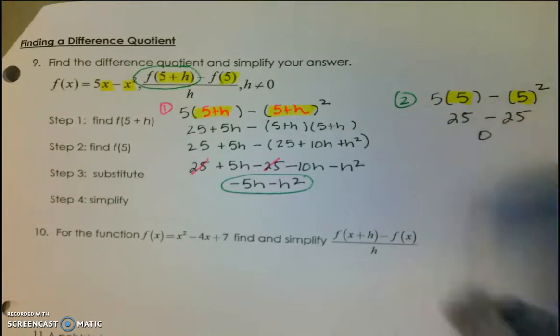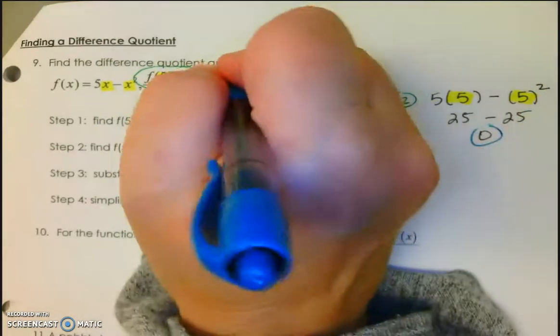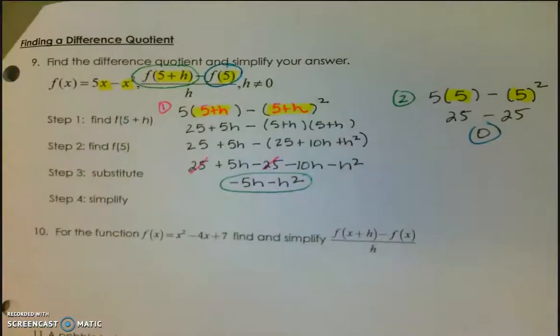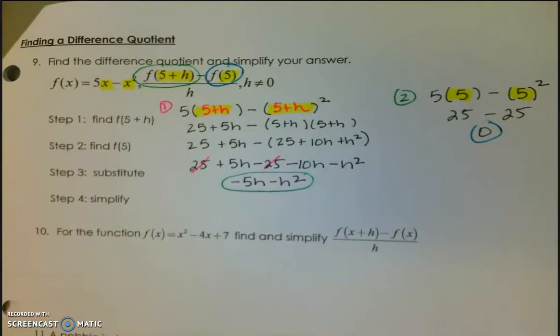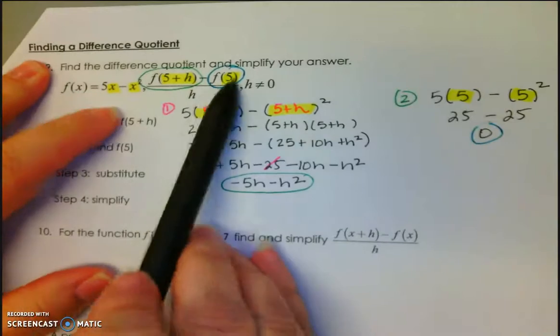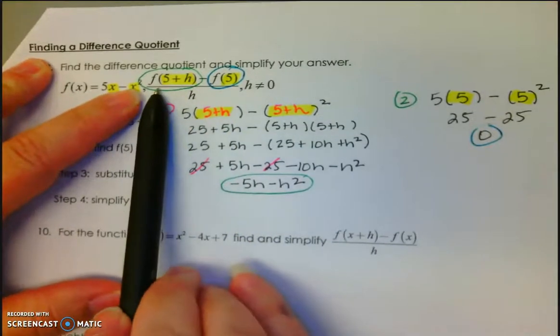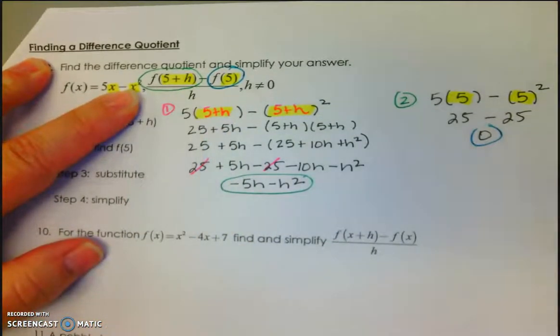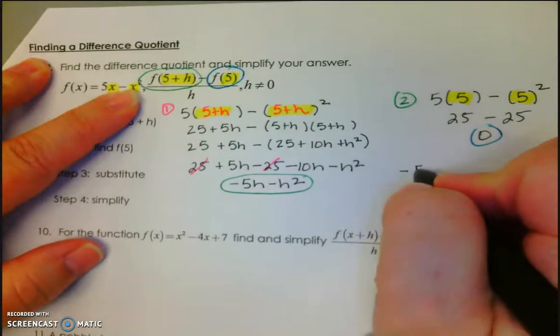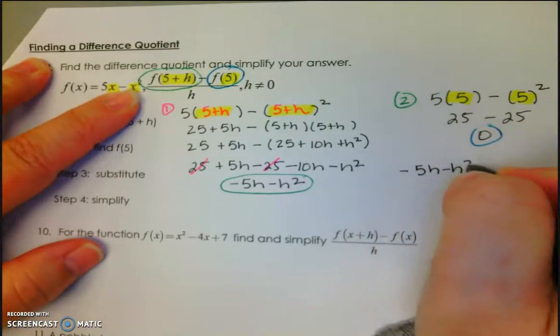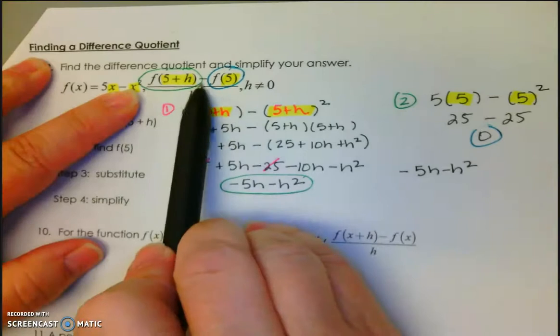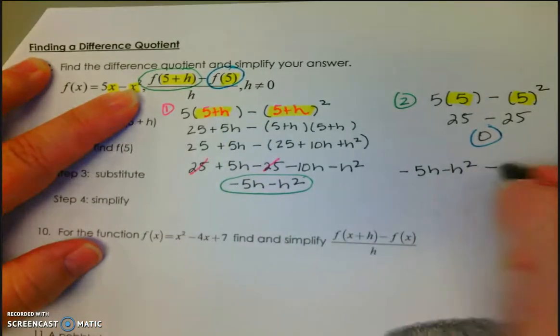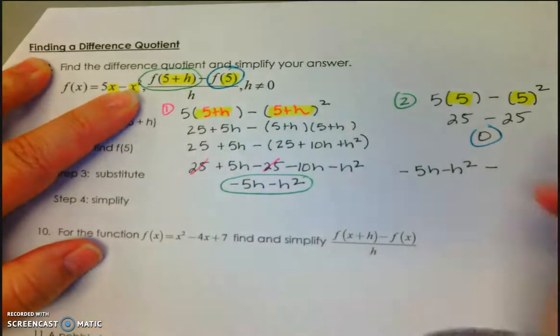So the 0 is this part. Step 3 is substitute. So we're going to go back to this. We now know that f of 5 plus h is negative 5h minus h squared. There's a minus sign in between, and f of 5 is equal to 0.